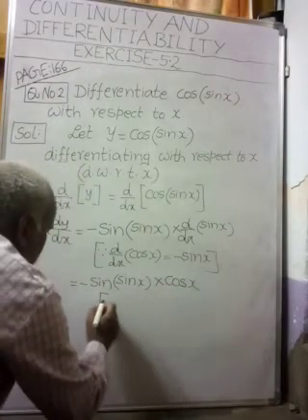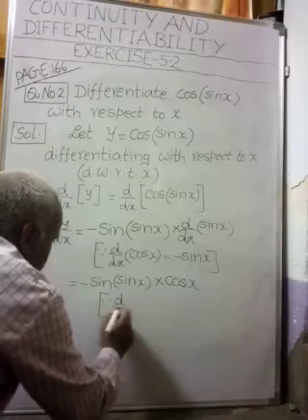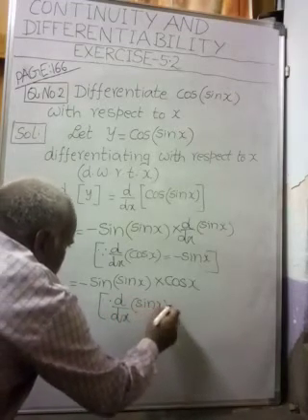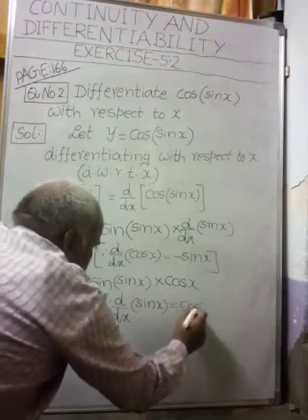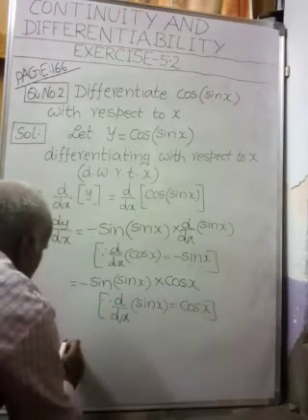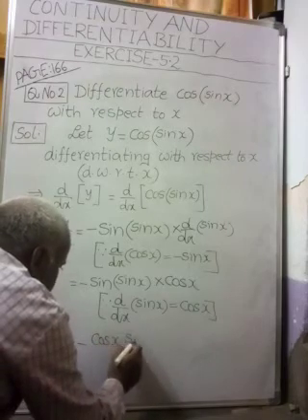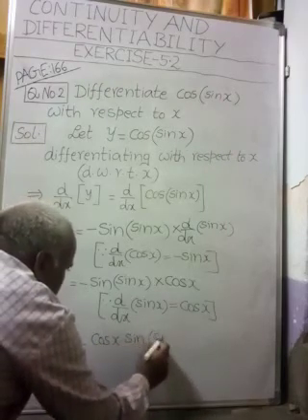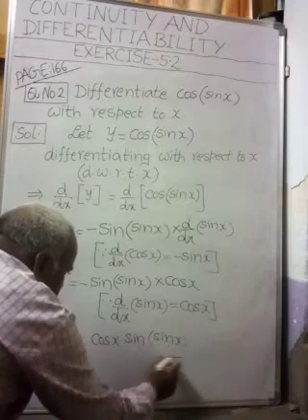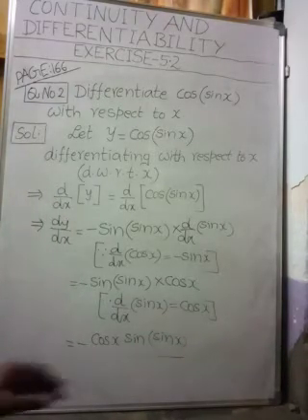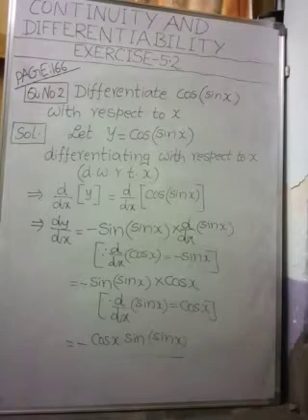Because d by dx of sin x is equal to cos x. So finally we get minus cos x into sin of sin x, which is the required derivative of the given function. Understood, my dear children?